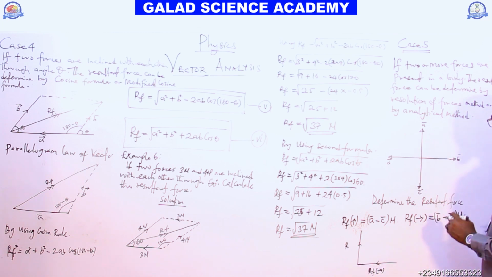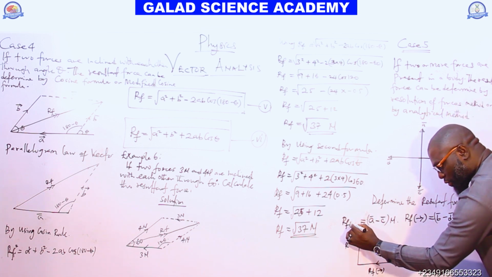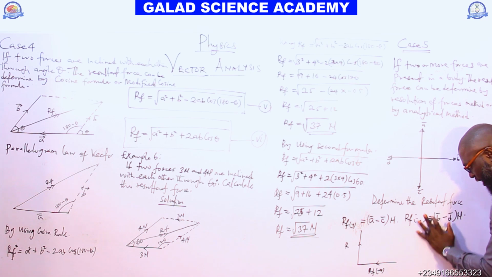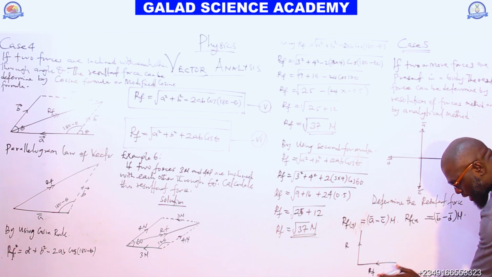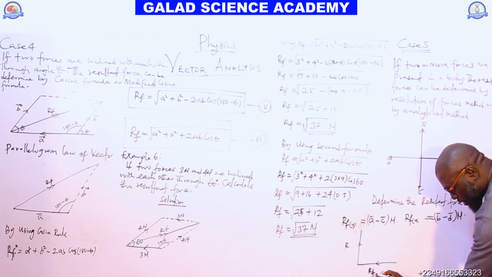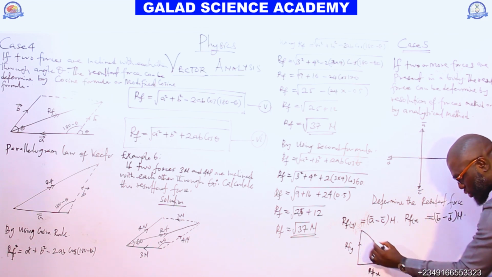Let us use y and x for ease. This is the resultant force for x, RF of x, and this is RF of y. We will now join them together like this.